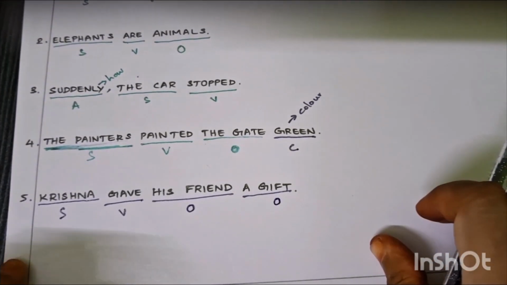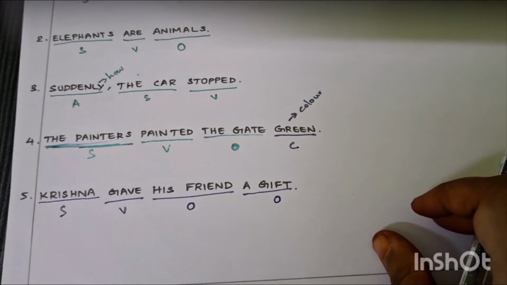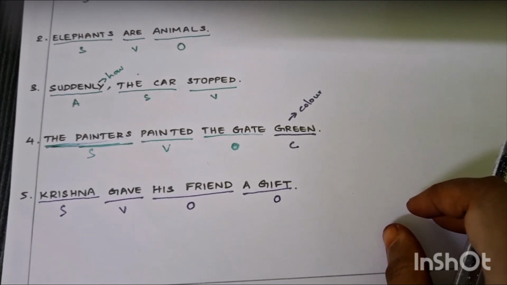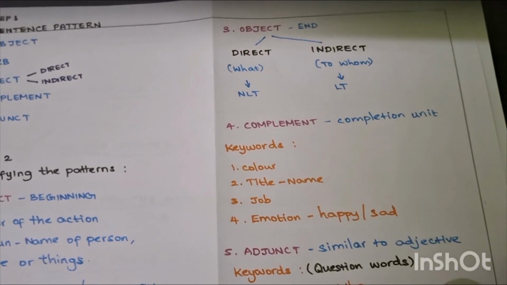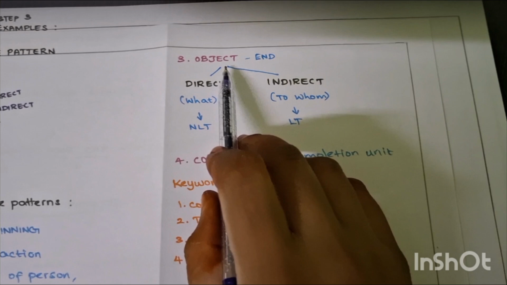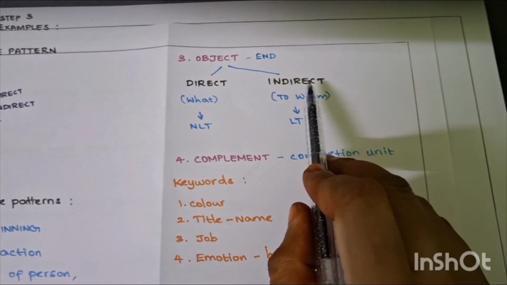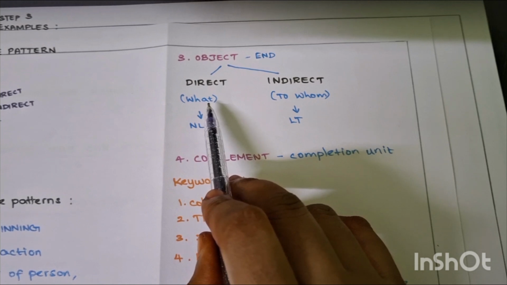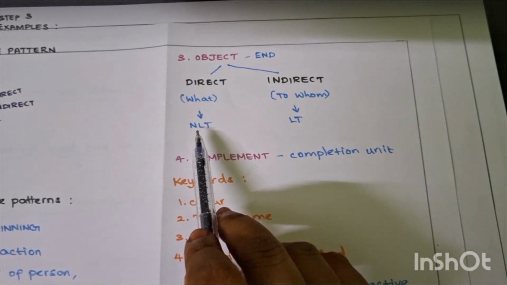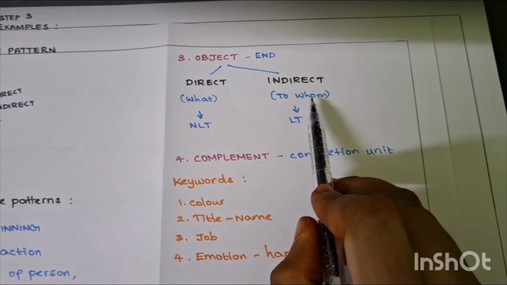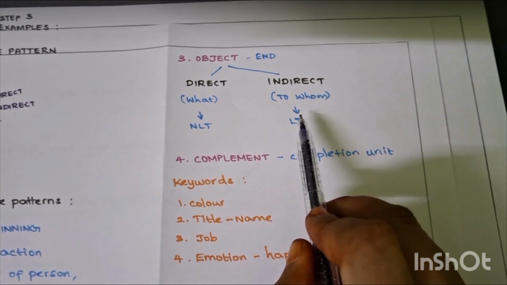The thing is, we have to choose the right object, which is direct and which is indirect. For this, let's go to the notes. I have mentioned for object there are two types, direct and indirect. Direct answers the question what, and it will be non-living things, and indirect answers the question to whom, and it will be living things.